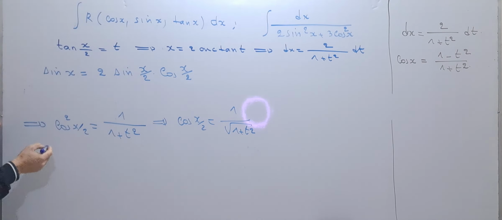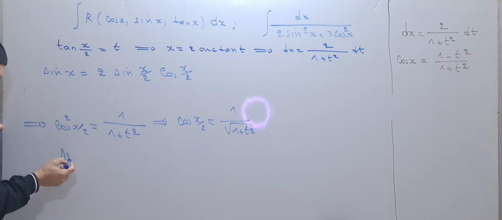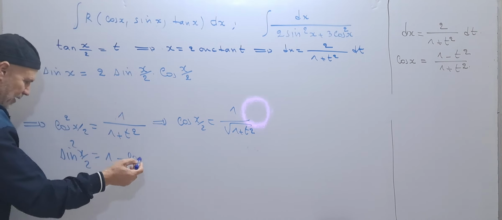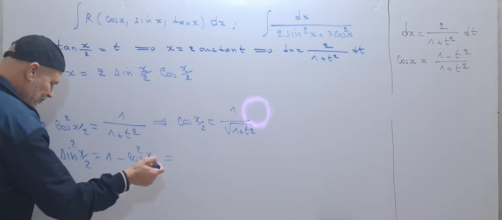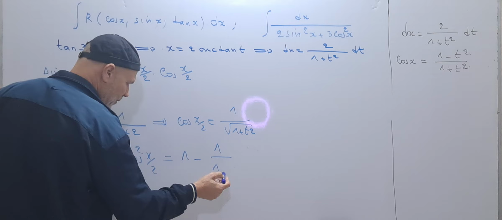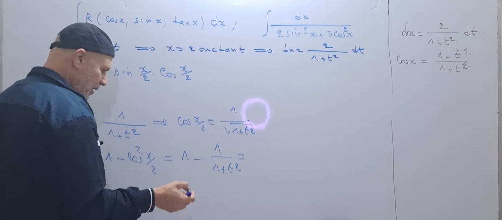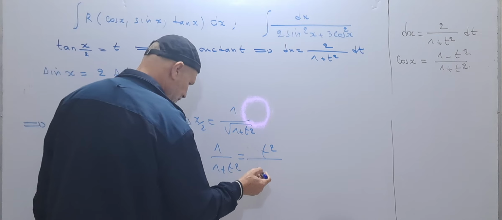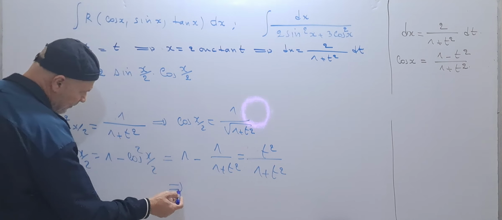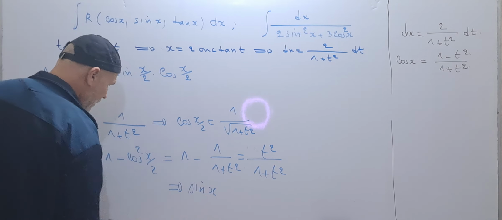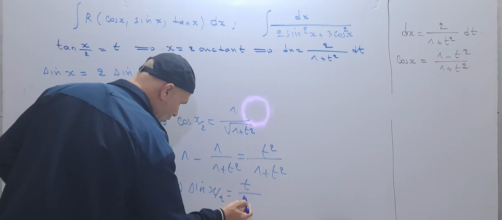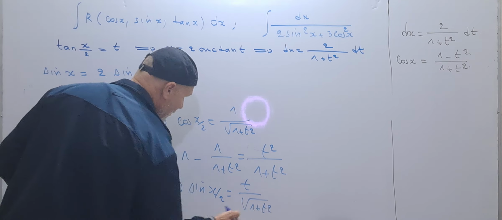And from this formula, we have that sine x over 2 square is equal to 1 minus cosine x over 2 square, which is equal to 1 minus 1 over 1 plus t square, and this is equal to t square over 1 plus t square. So sine x over 2 is equal to t over the square root of 1 plus t square.